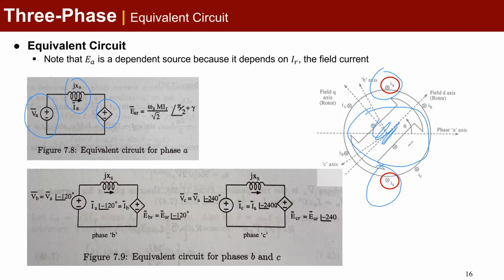And then going from there, phase B and phase C. These will be phased in relation to where our reference angle is. In this example, we chose that phase A was going to be the reference angle, so we're going to base everything off of that. So IB equals IA angle negative 120, et cetera. It's very similar to what we learned back in chapter 2.